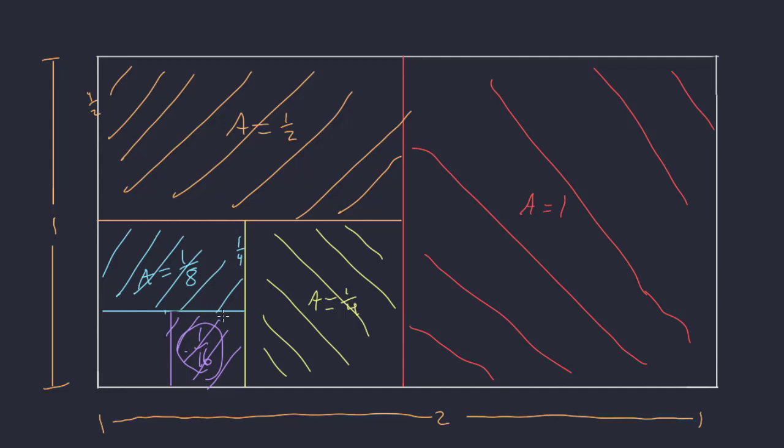Then we'll cut it in half again, and hopefully you can start to see what's happening here. The next piece will be a 4th times an 8th, which will be 1/32. And then the next piece will be a 64th.